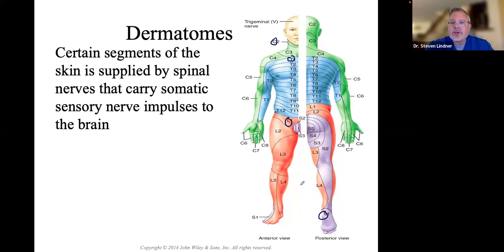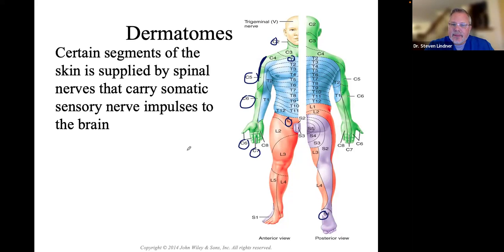So each region, if we want to look at C5, C5 is the arm and the outside of the shoulder. C6 is the lateral forearm to the first 2 digits. C7 is the birdie, it's the middle digit.